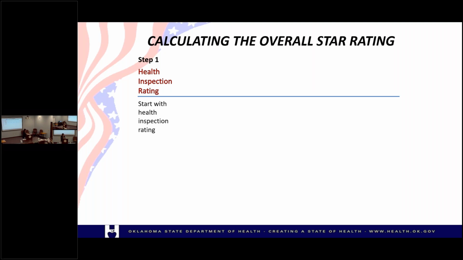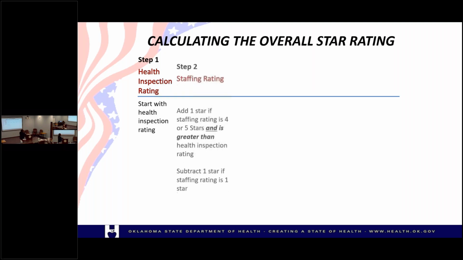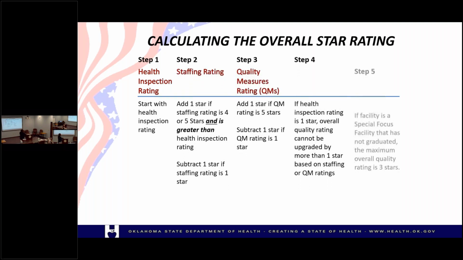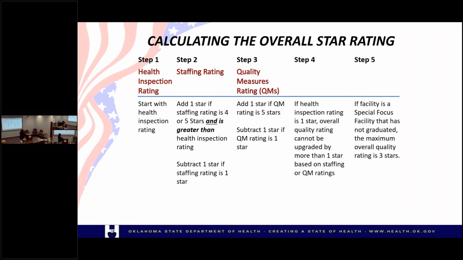So we're just going to walk through some of these to help make all this come together and make sense. The last step is if it's a special focus facility that's not graduated off of that listing, then the overall rating cannot be more than 3 stars.